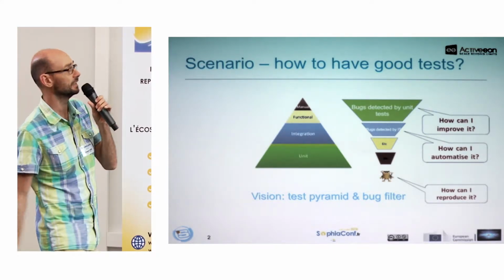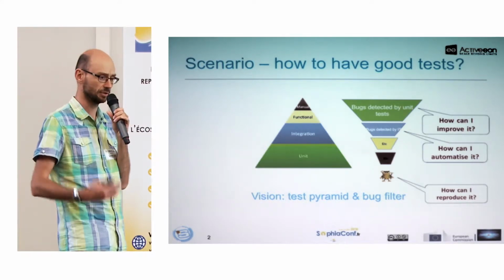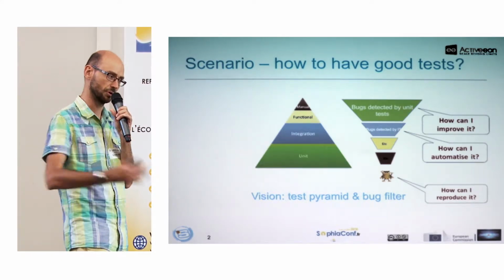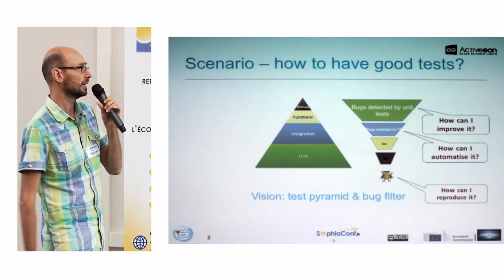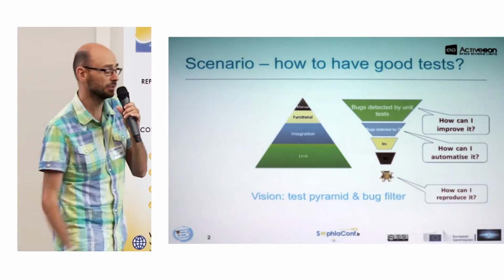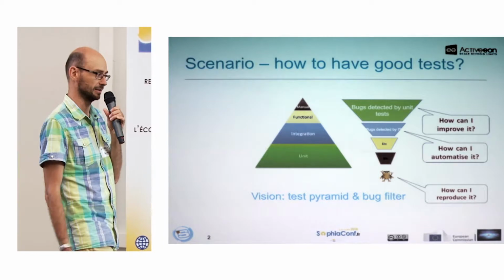The job in integration testing will be to automate the integration testing to be able to test more configurations in an automatic way. And at the end, eventually, even with many filters, you will still have bugs that will stay.